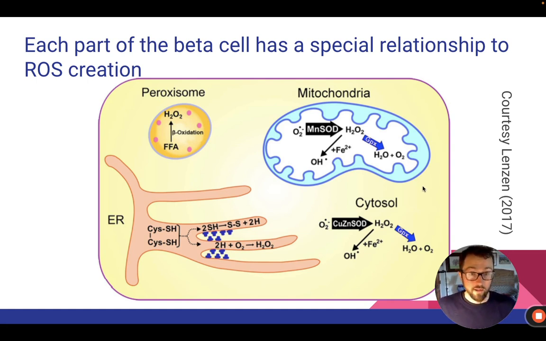Hydrogen peroxide and iron is like a match to dynamite. It is something that makes it so much more toxic, right? So this OH dot here that you see in the mitochondria as well as in the cytosol, that is the hydroxyl radical.